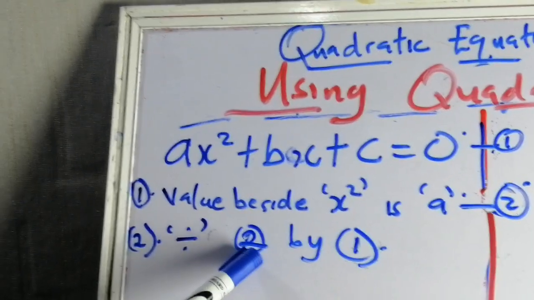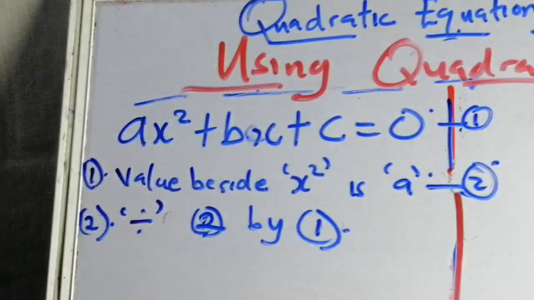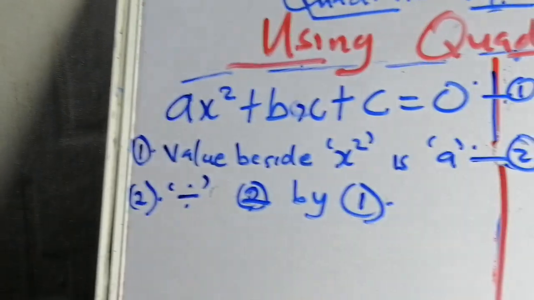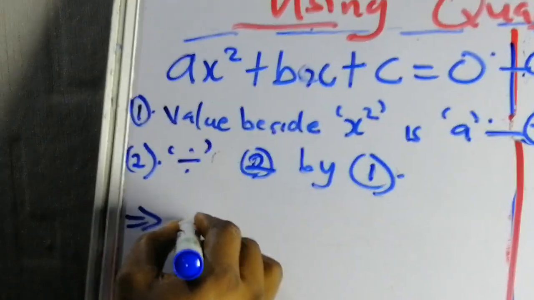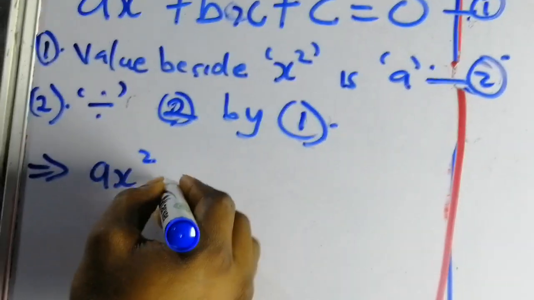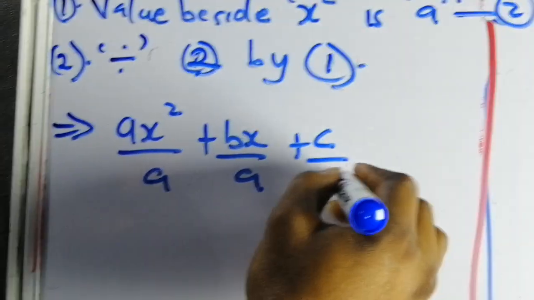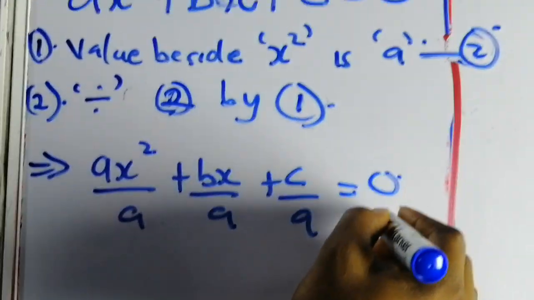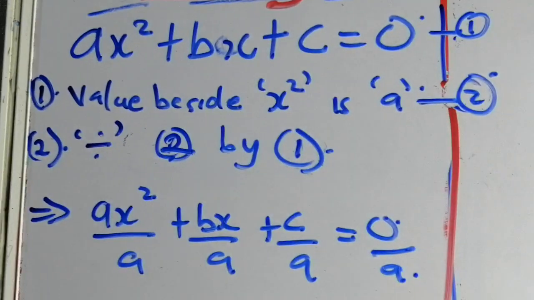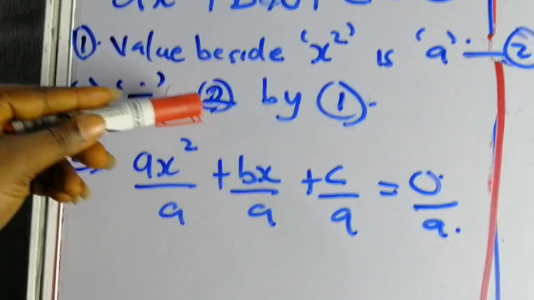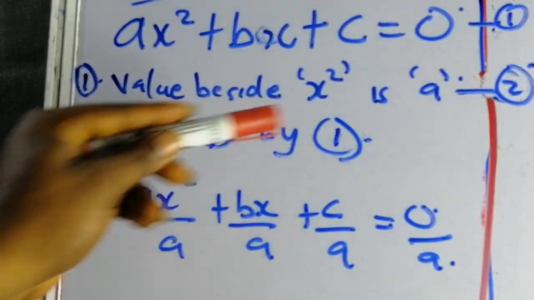Divide 2 by 1, that is, I'm dividing by a in this equation. So this implies that we have ax squared over a, bx over a, plus c over a equals 0 over a. That is the meaning.